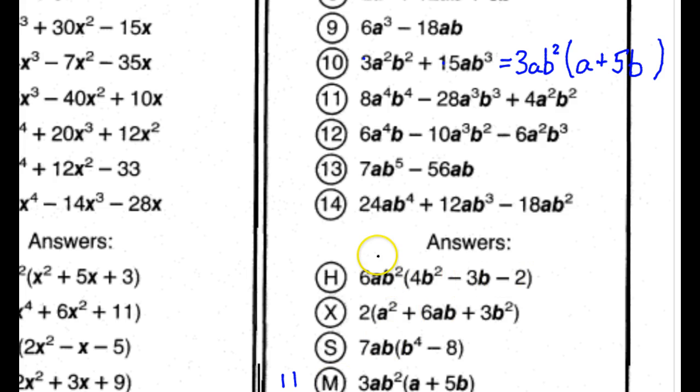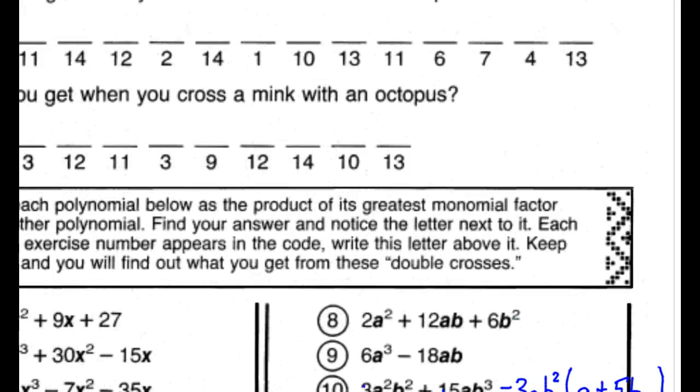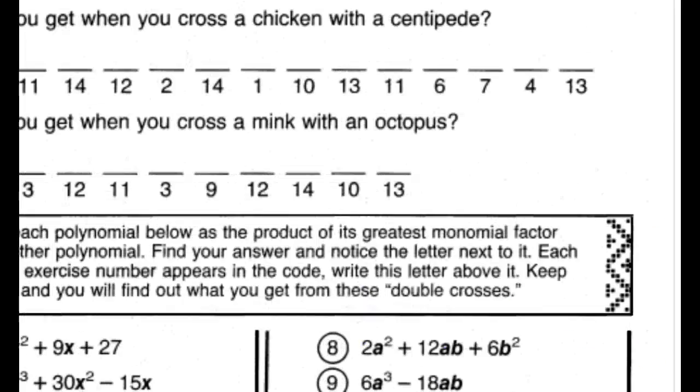And if all else fails, you can just distribute this and see what it matches here. So keep in mind, you're just doing the reverse of the distributive property. That's something you started in the 7th grade. So there's just a lot more stuff, but the algebra is identical. So 11 is M.